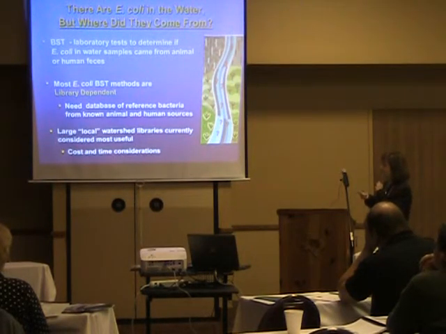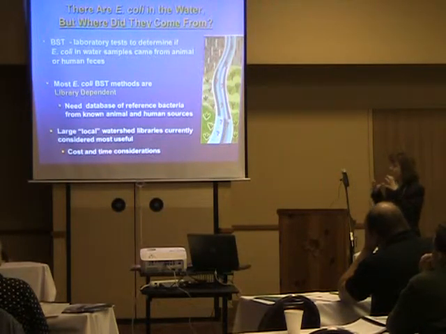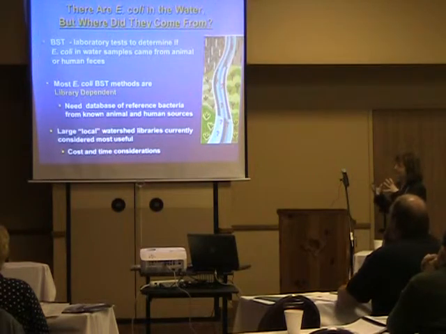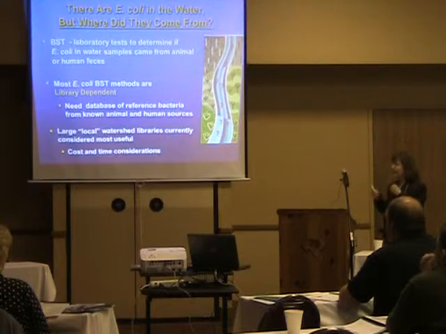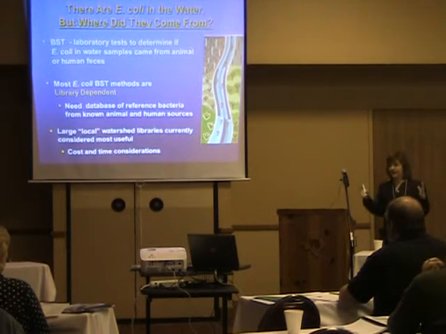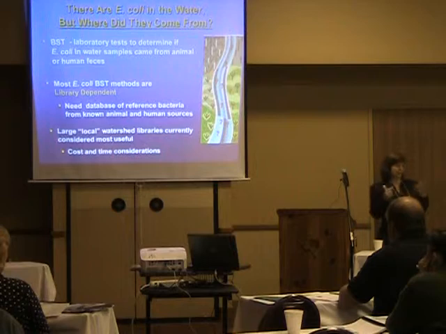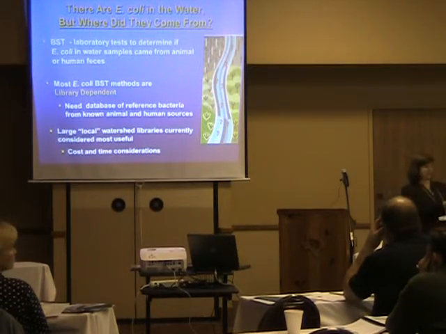Most of the E. coli BST methods are library dependent at this point, where you need that database of reference bacteria from known animal and human sources. The idea is that in order to capture the diversity of the E. coli in the animals, you're going to need a large local watershed that would be considered most useful to actually identify isolates.